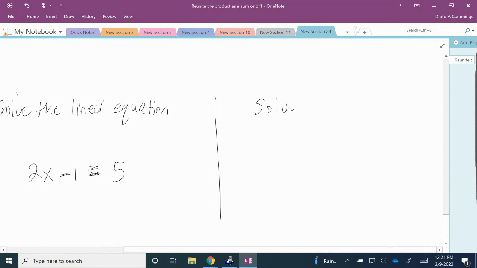Okay, on the next instance, we're going to solve a quadratic equation. So let's say we have x squared plus 5x is equal to -6.